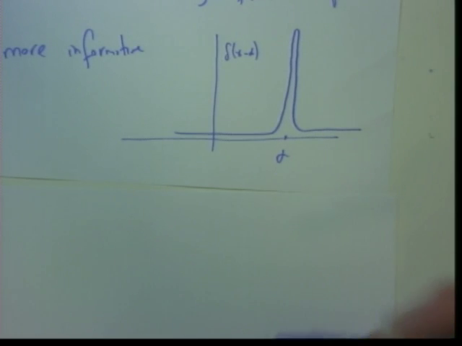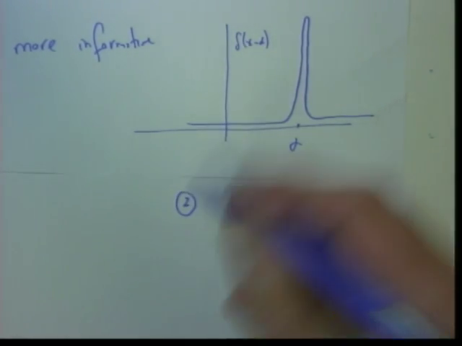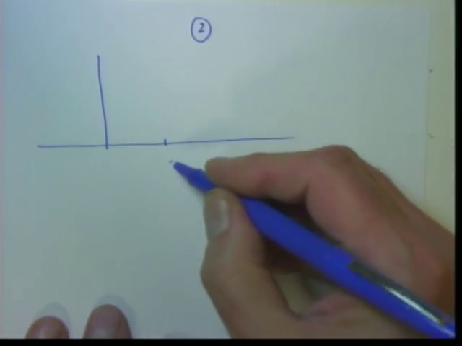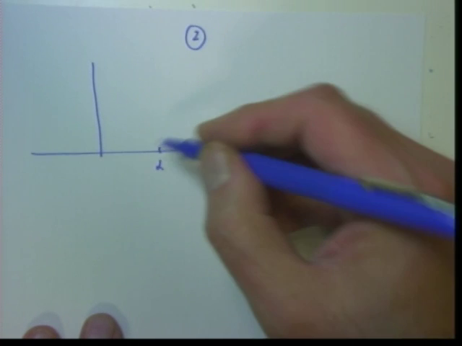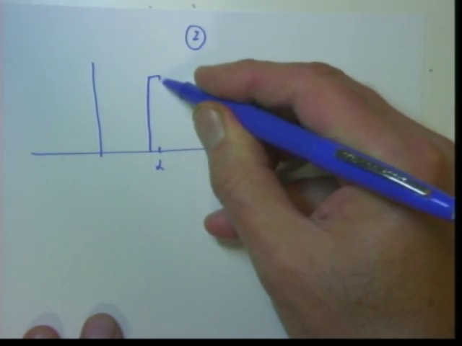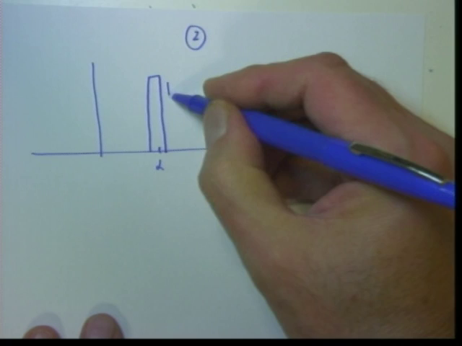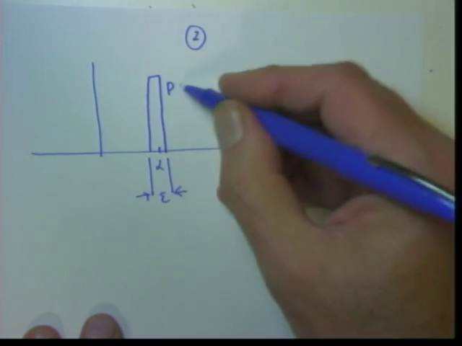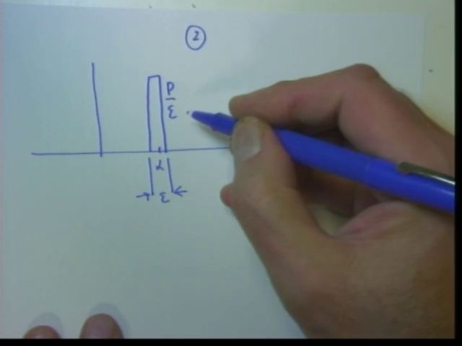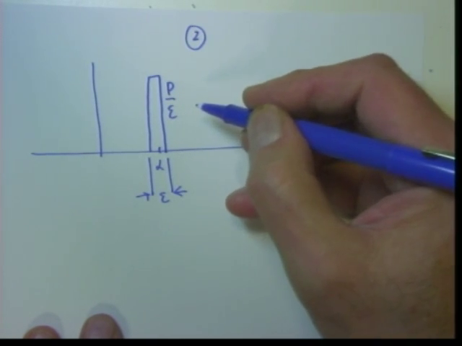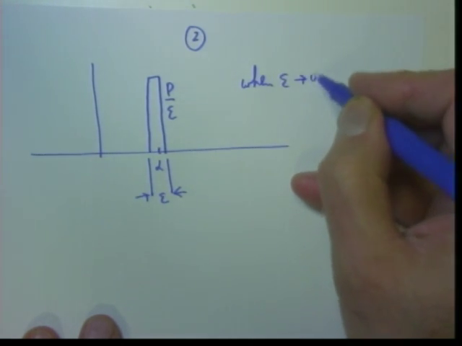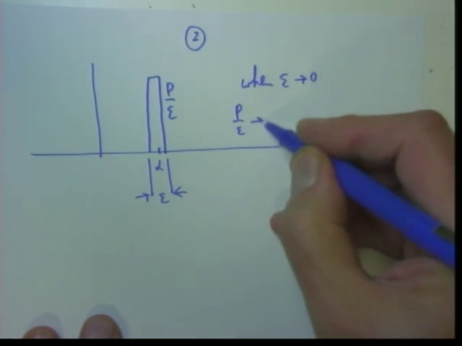So this could be identified like such a function, as we already talked about. Say this is alpha, and around it there is this, say, P, so this distance is epsilon, and this is P over epsilon. So when epsilon goes to 0, P over epsilon goes to infinity.